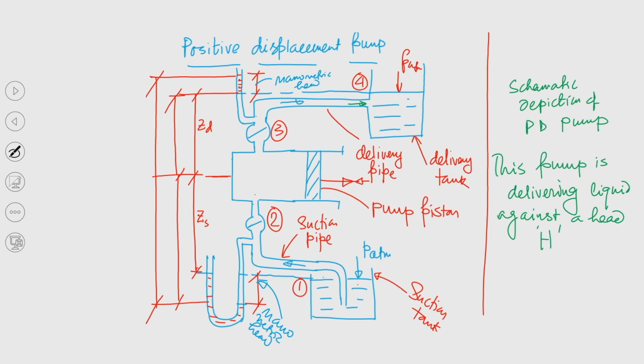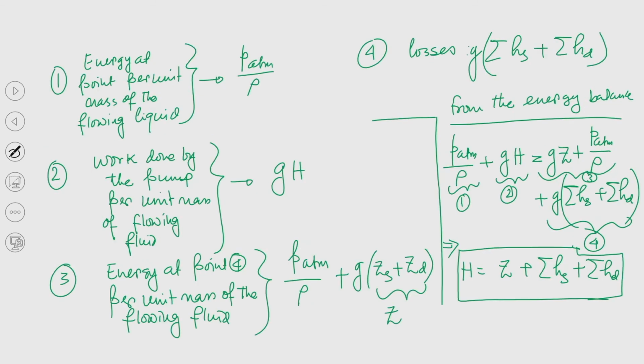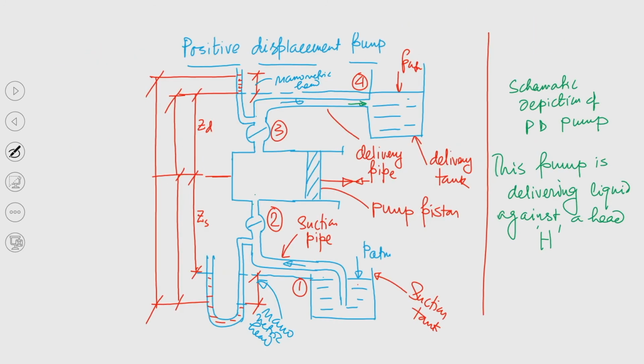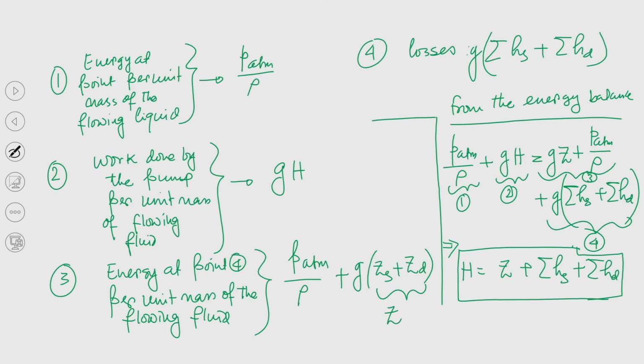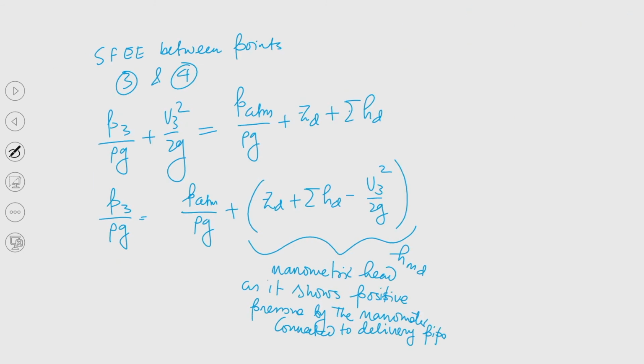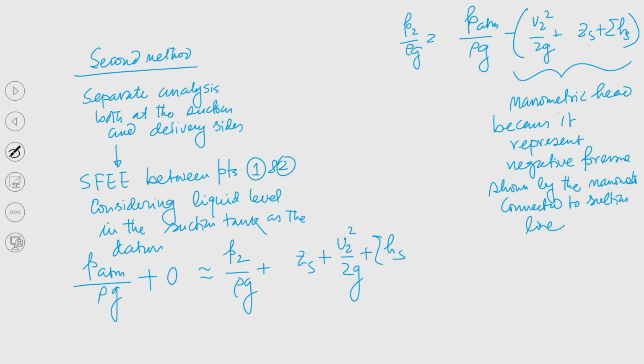Okay. So, now we can see this is positive, that is why pressure at point four should definitely be higher than pressure at point three, right. And this is shown by this quantity. So, it is HMD and say this is HMS.